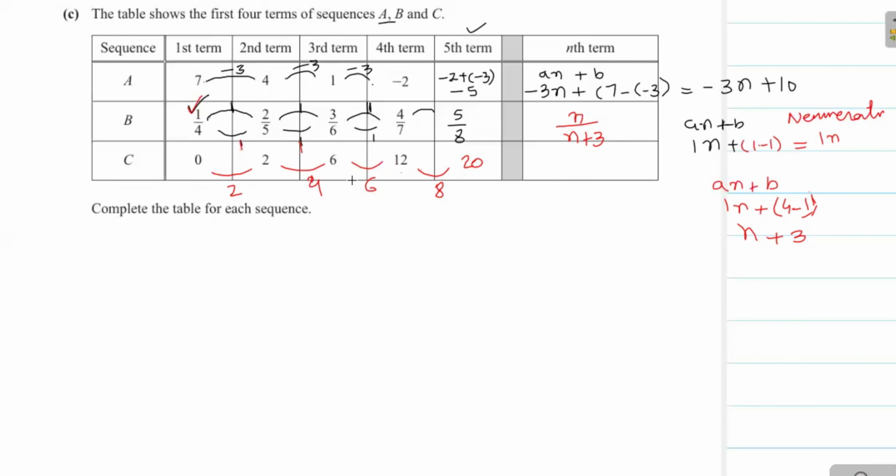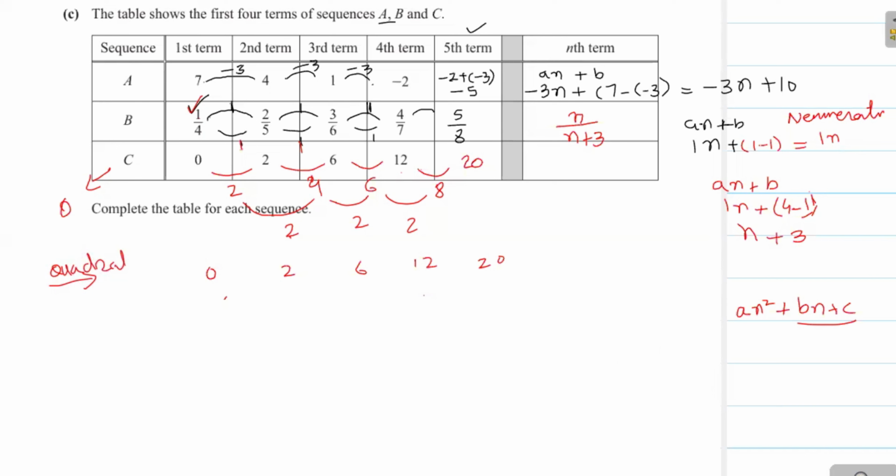Now, to calculate the nth term, look here, the first difference is not constant. Therefore, this is not a linear sequence. We take the second difference. Look here, the second difference is the same. When the second difference is the same, this sequence is a quadratic sequence.